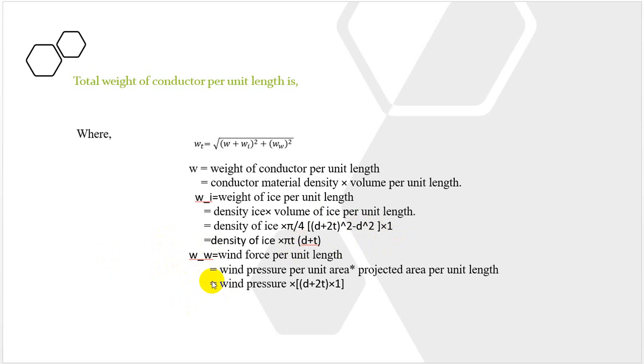Ww equals wind force per unit length, which equals wind pressure per unit area into projected area per unit length, which equals wind pressure into (d plus 2t) into 1.